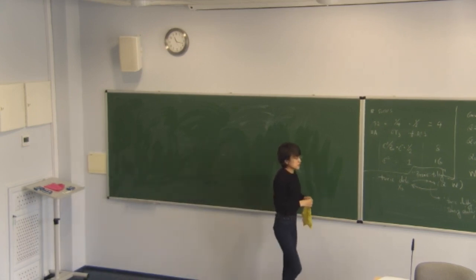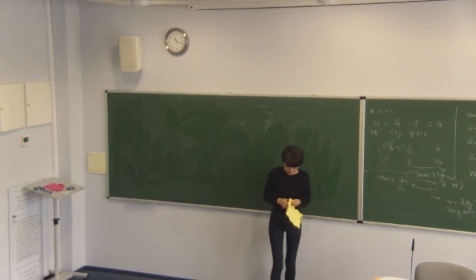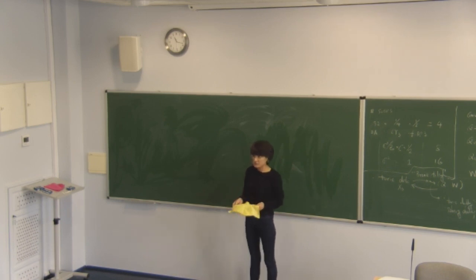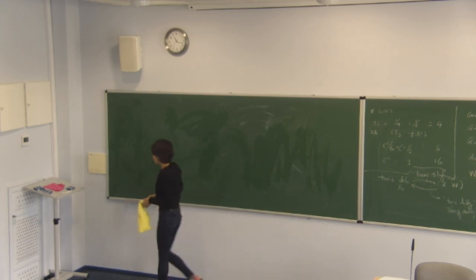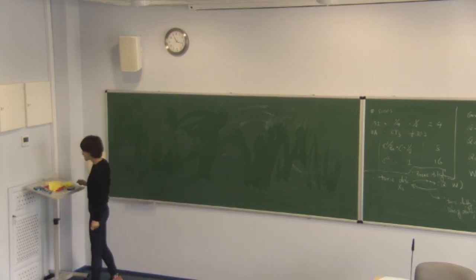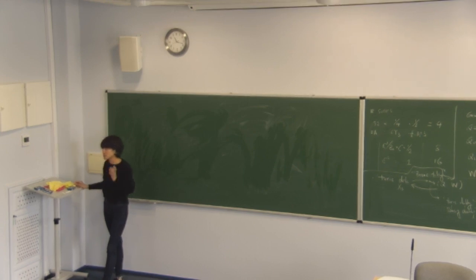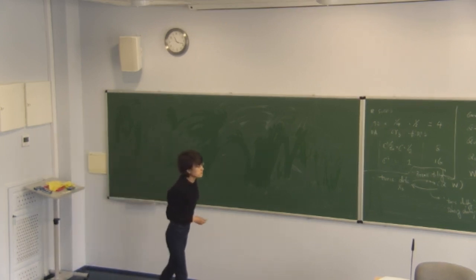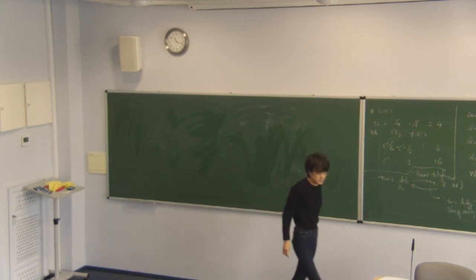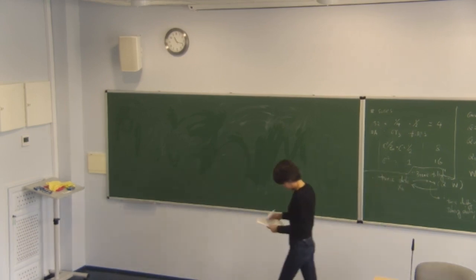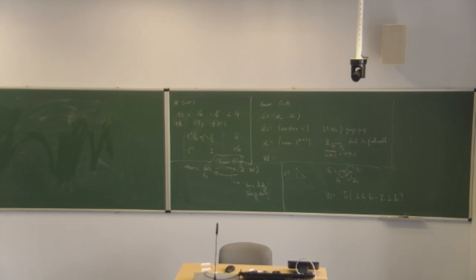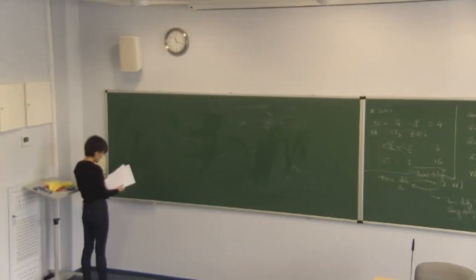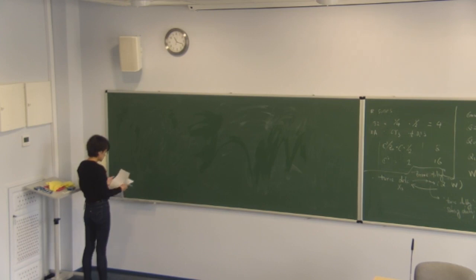For those quivers, we have a conjecture that the algebra should be the same. But you see that the quiver itself looks very different, so it's not easy to prove. For some special cases it's easy to see, but it's not easy to prove. Maybe I can explain more examples later.